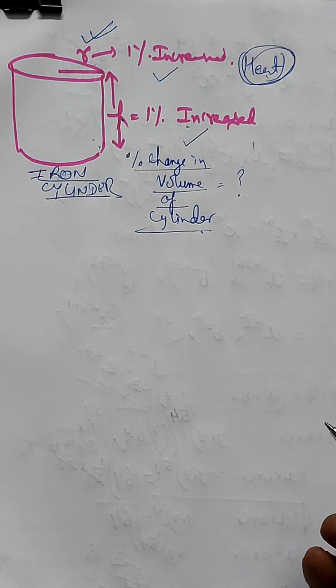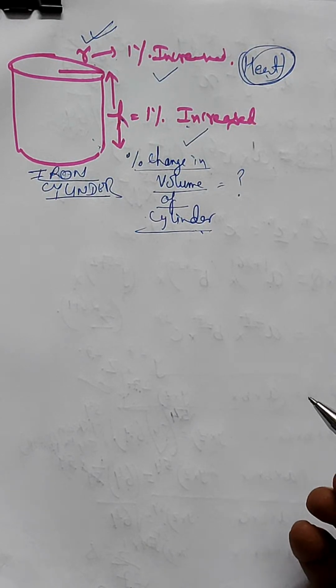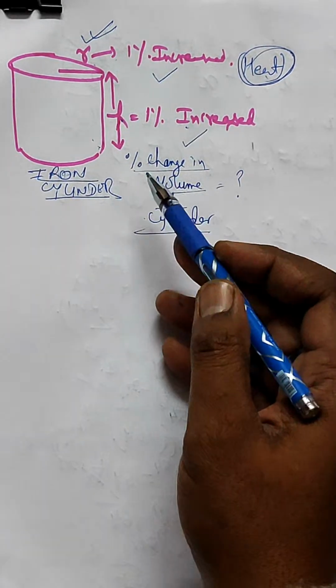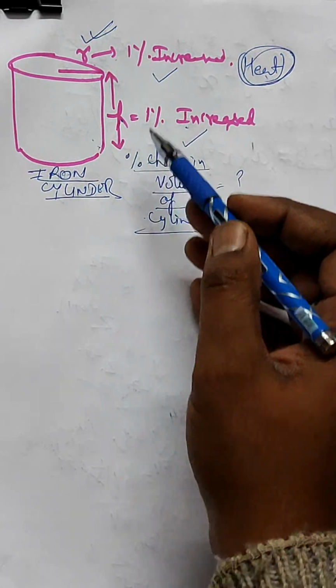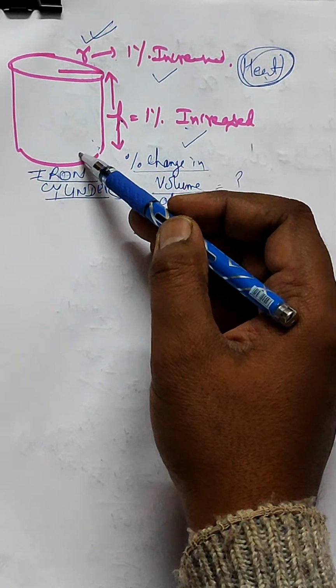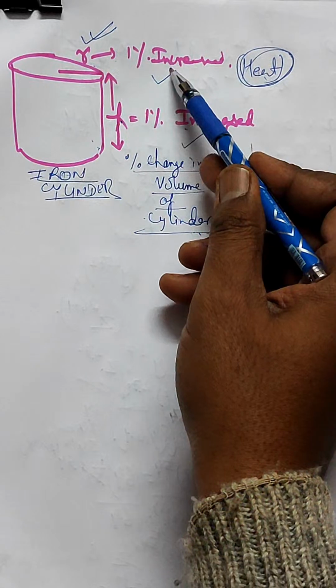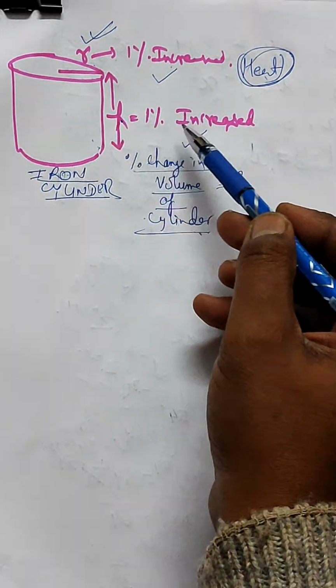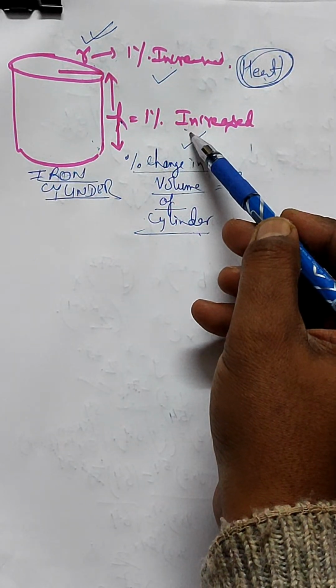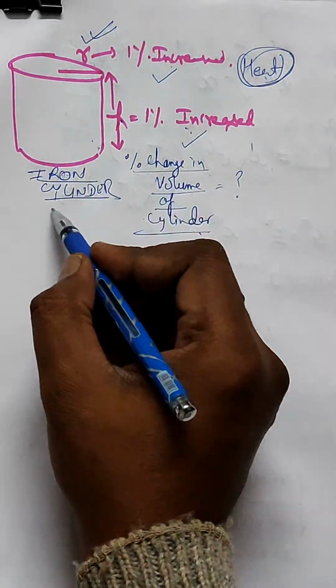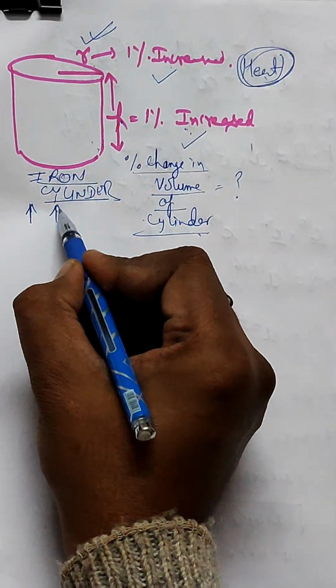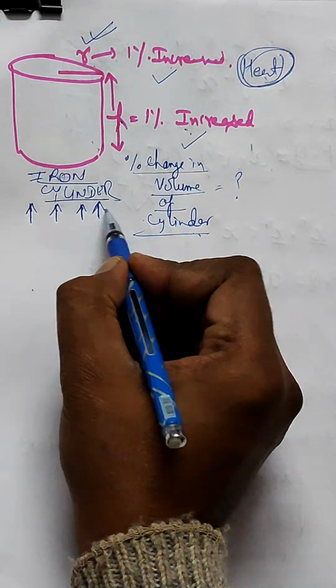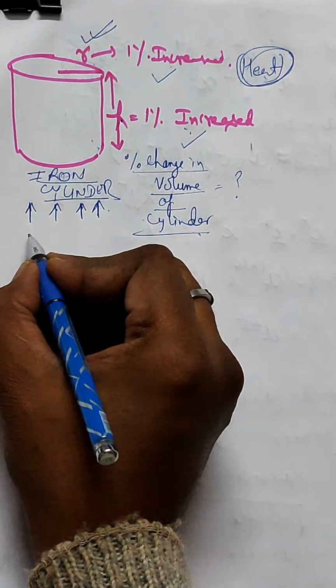Okay. So I'm saying that if this is a cylinder, and radius is increased by 1%, height is increased by 1%, why will it expand? Because we are heating it. We are just heating the cylinder.